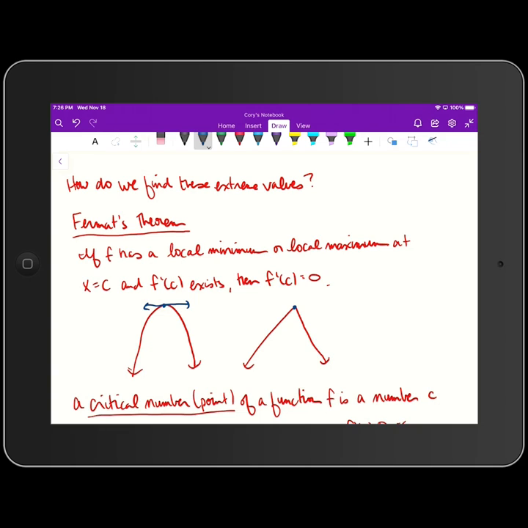Now, the other way we can have a local max is the graph over to the right. It sort of looks like an absolute value graph that's opening downward. That point in blue is also a local max because our function goes from increasing to decreasing at that point.